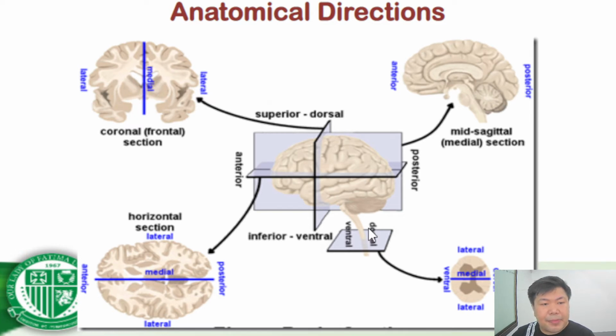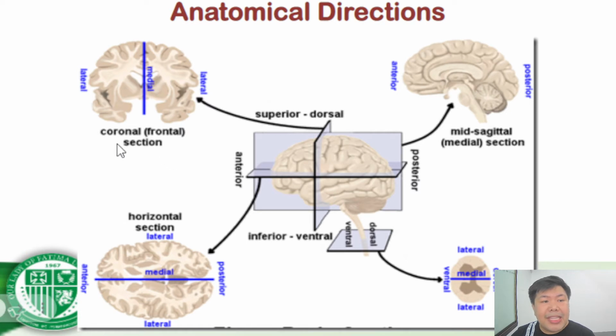Alright? Now, in this image, the brain was divided into several views, no? Una, let's take this view. When the brain is cut in order to have a front and a back side, we call that coronal or frontal section. Hinati mo yung brain para magkaroon ng front half and back half.